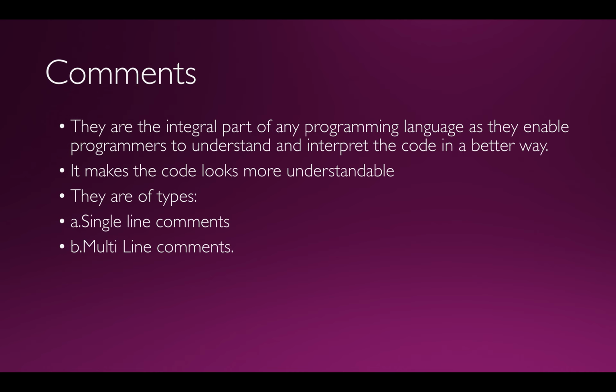So just go back to the IDE and let's see what single line comments and multiple line comments are. We have already seen one example in the previous lecture about the comment. Now see a bit more.